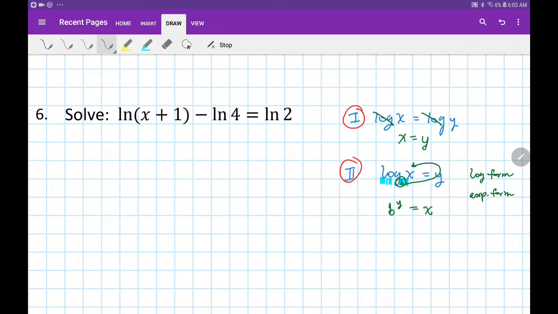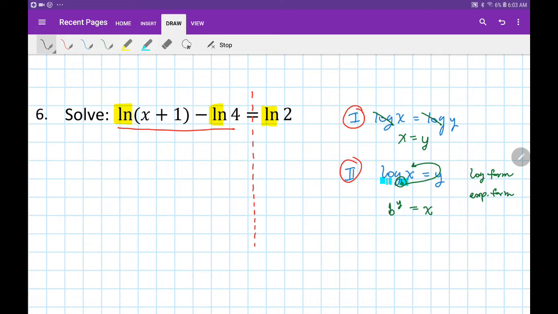Well, if you look at the question in front of us, it doesn't really look like either of these situations because notice there are 3 logs in total. Your first job is to make sure you only have 1 log on each side of the equal sign. So that means I'm going to have to condense the left side. Here's how I will condense it.